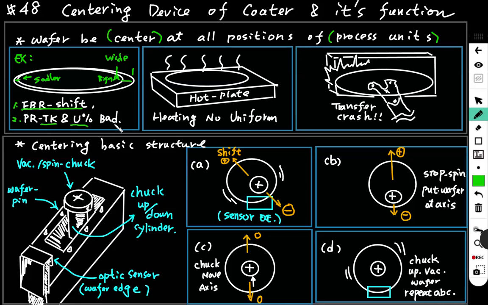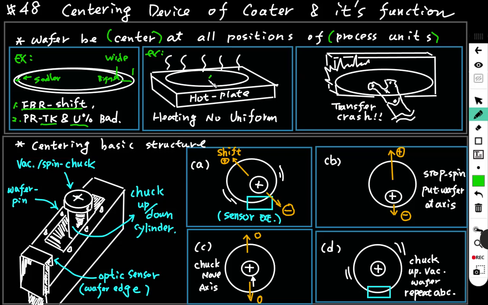Thickness and uniformity out of spec are just caused by the wafer center not being at central position of the process unit. Another example: we use the hot plate to bake the wafer.